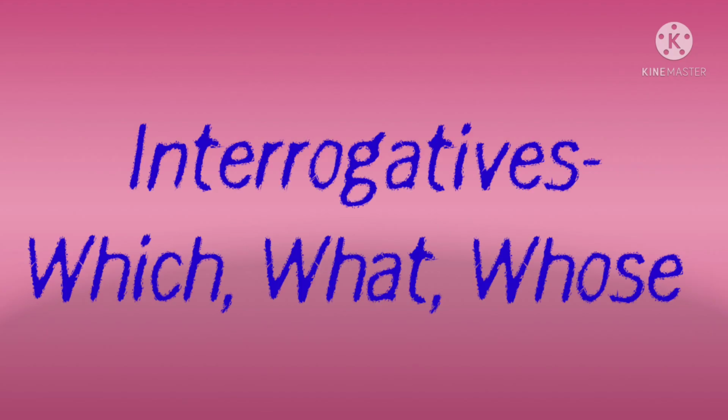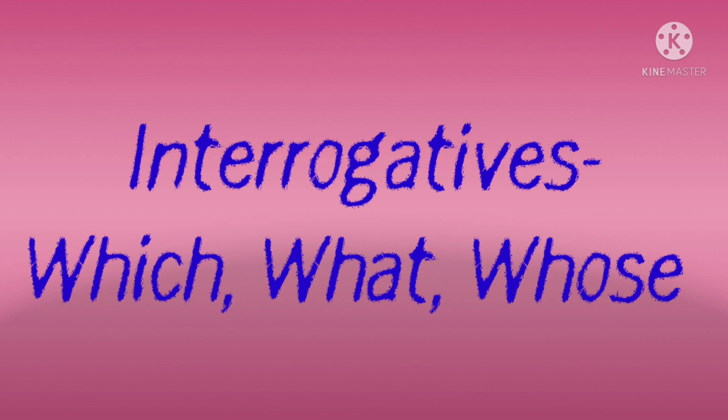And the last but not the least, we have the interrogatives. Interrogatives, all of us we know, are words that are basically used to question or to interrogate. So which, what, whose, these three interrogatives are also called determiners. Like if I say which number you prefer, or if I say what color do you like, so these interrogatives are also called the determiners, as they are used to modify the nouns.